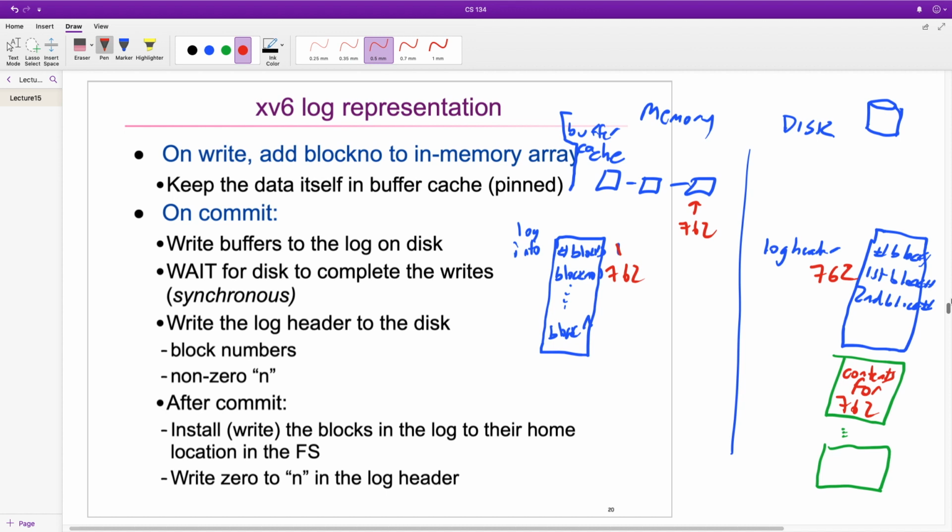And then we've also got the file system. Separate from this, but on disk, we have the file system. There are blocks for the inodes, blocks for the bitmap. It's basically all the blocks that are not for the log. And we don't touch this; we touch the log.